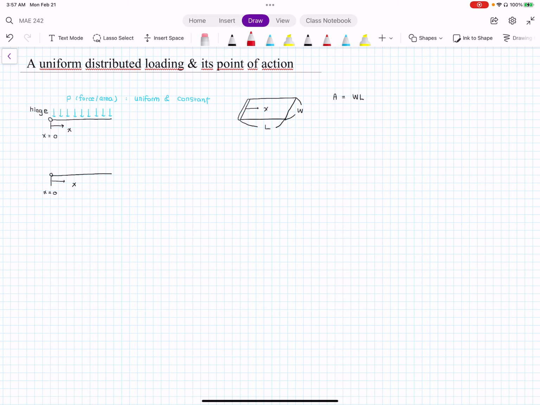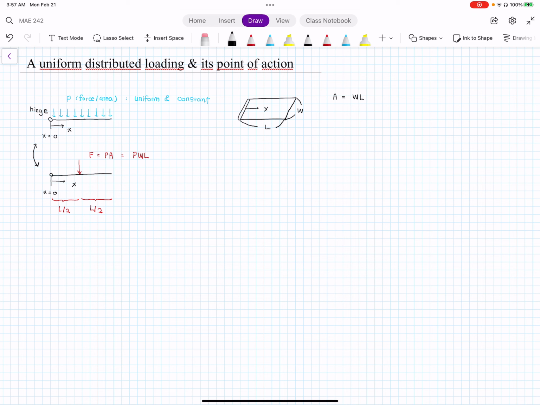There is this net force, F, which is P times the total area, that's P times W times L. Its point of action is at the center of the plate in the x direction. So these two setups are basically equivalent as far as moment balance is concerned.